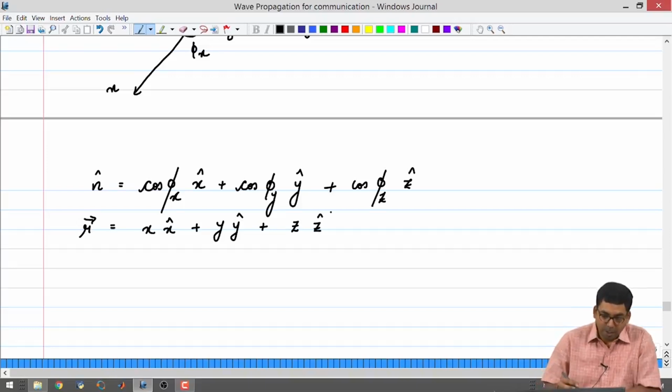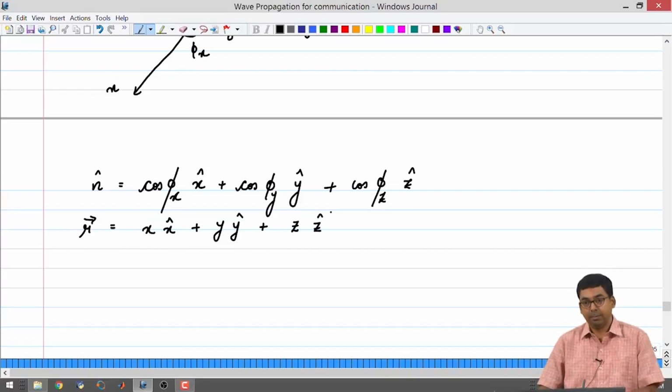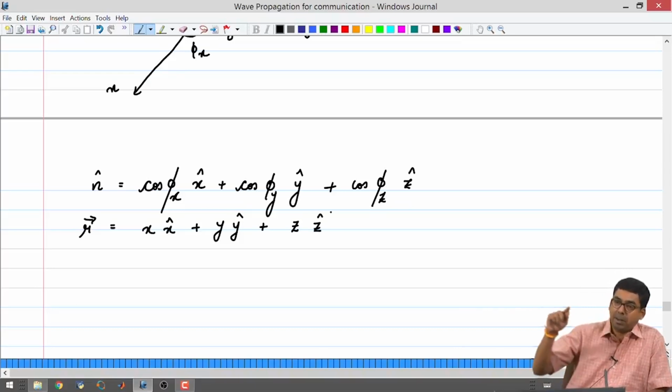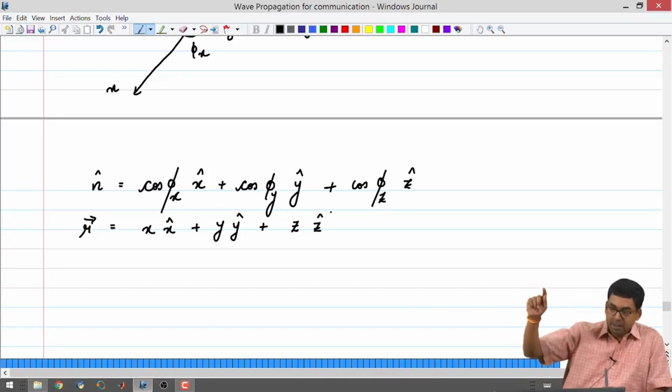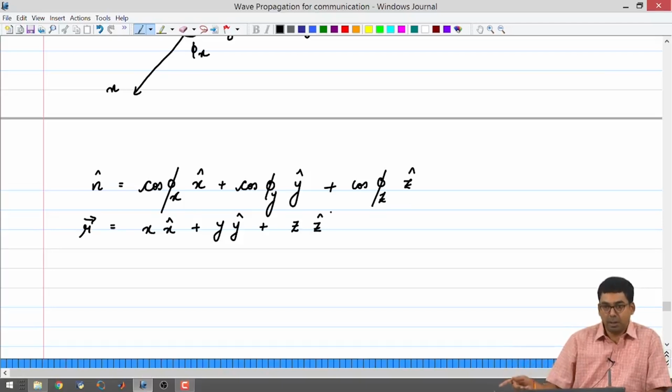But we already have talked about E, H and K. K describes the direction of your Poynting vector or direction of power transfer. Which means that K should be some multiple of n, or K could be equal to n also, but the direction of K should be the direction of n. So, that should be clear.